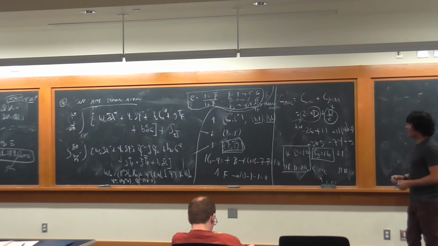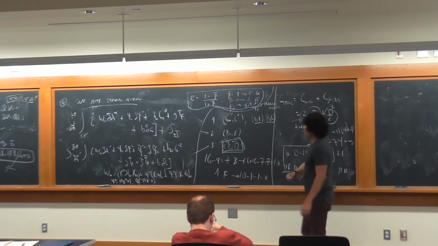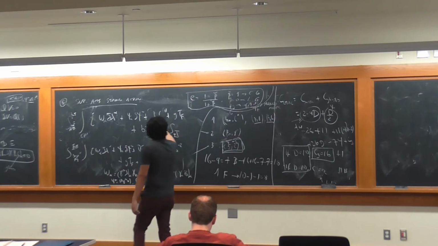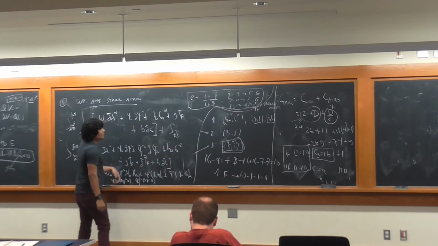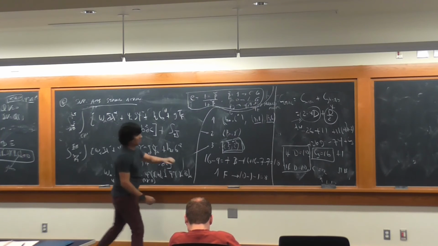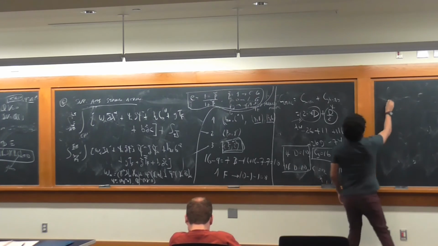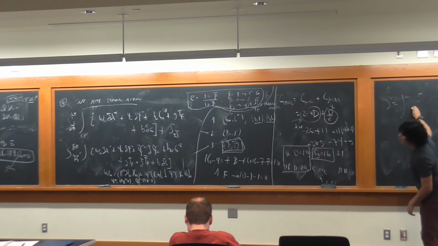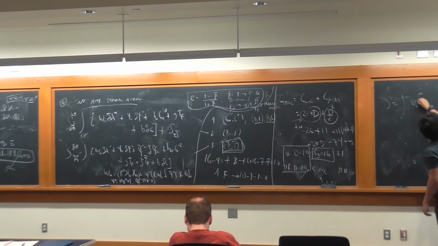In order to do that, I will fix all of the gauge symmetries, which means fixing G alpha, TF, and also the symmetry coming from the diffeomorphism. So let me write here more or less the action.